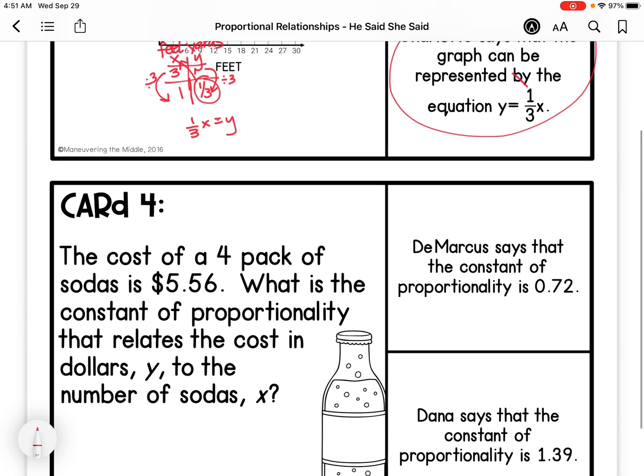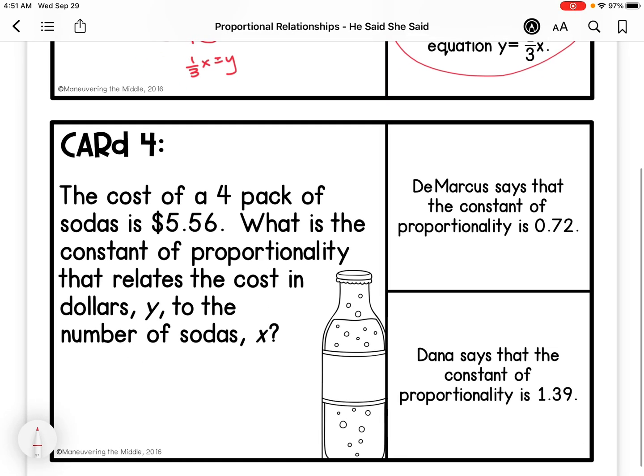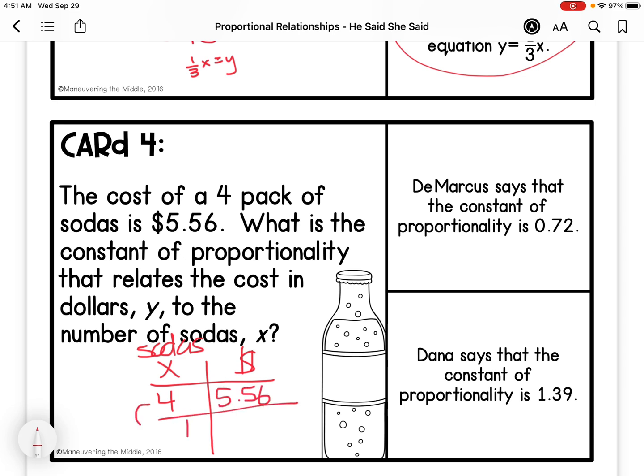The cost of a 4-pack of sodas is $5.56. What is the constant of proportionality that relates the cost in dollars to the sodas? So I know I have sodas, I know I have cost. I know that 4 is $5.56. I need to know what 1 is, so I'm going to divide by 4.